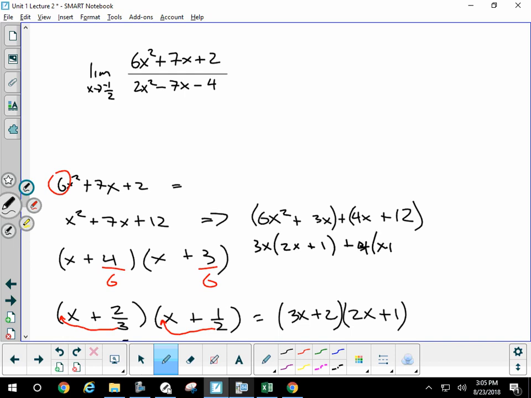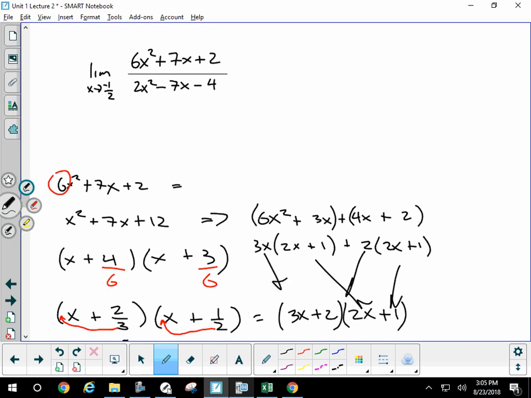4x plus 2. Sorry. So this technique also works, and you have 3x plus 2, 2x plus 1.